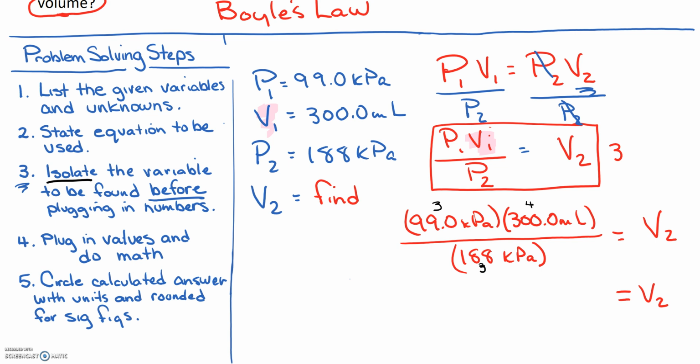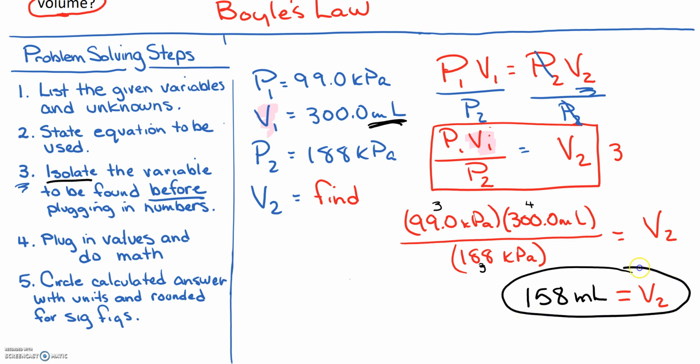So we're going to take what the calculator said with all those decimal places, and it's going to round to be 158. And what unit is volume given in? The unit for volume will be the same unit as the other given volume, and that was milliliters. Put a circle around your answer when you know you have calculated and rounded with units for significant figures.